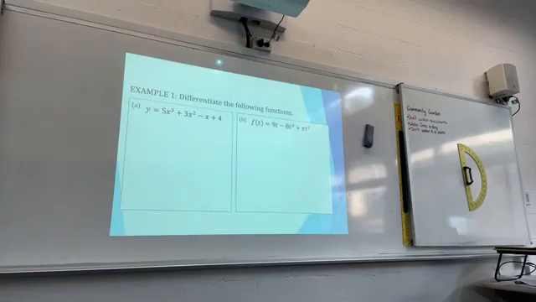Alright? So let's try the example. You should know how to do this. I would like all of you to try it, please. I'll quickly freeze my screen. Do that, please.